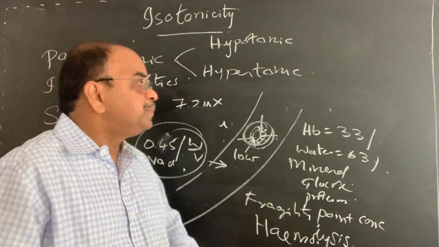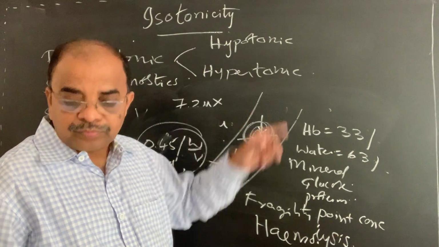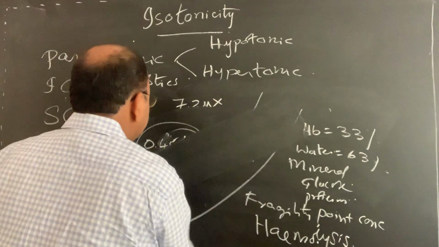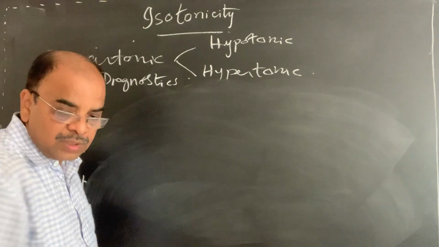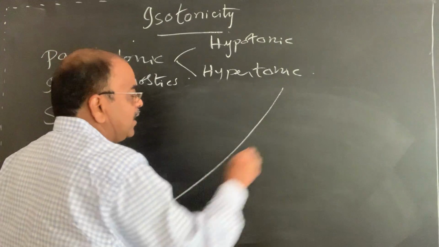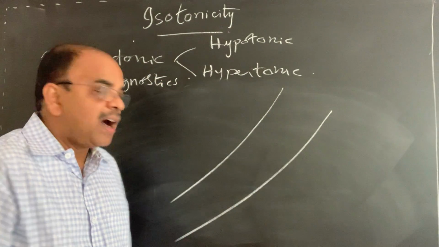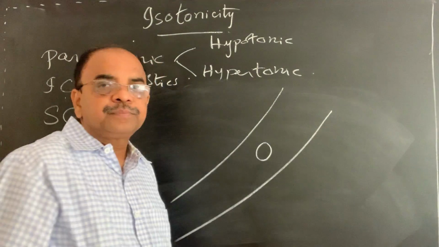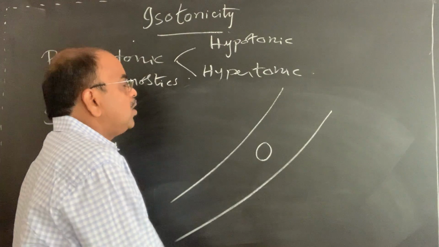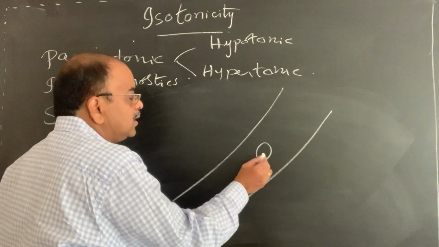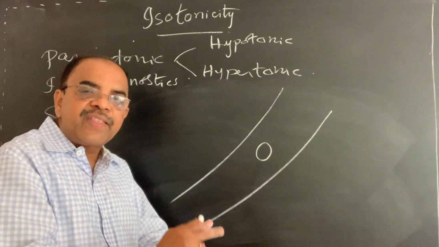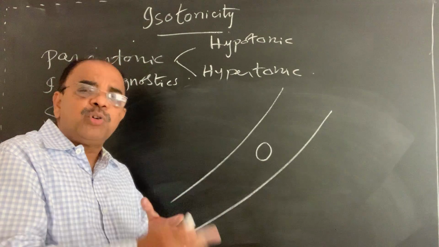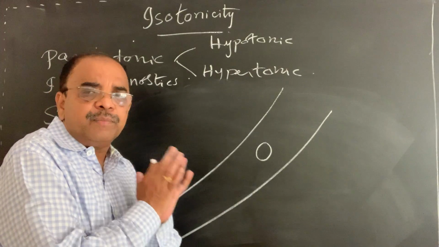The next one is hypertonic. We'll see the next diagram. Again, a blood vessel, RBC. Inside the RBC, hemoglobin, water, proteins, minerals, glucose, carbohydrates, everything is present, right?